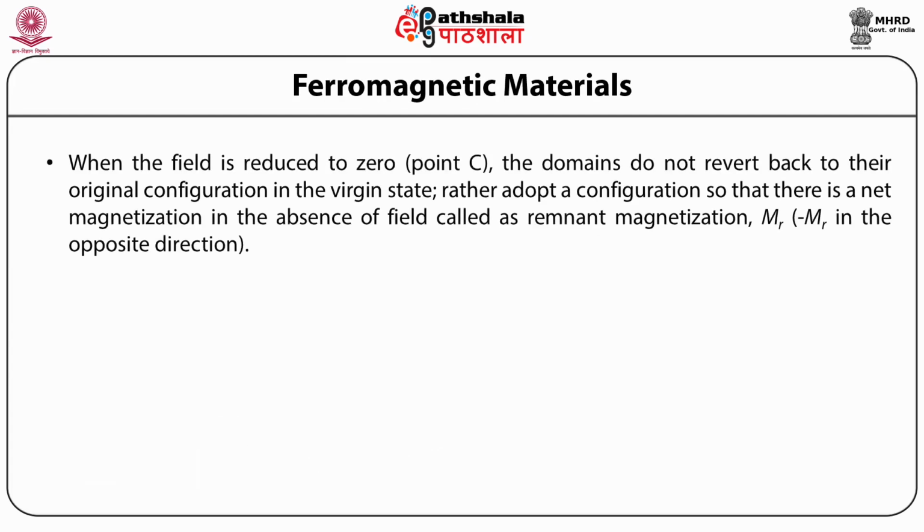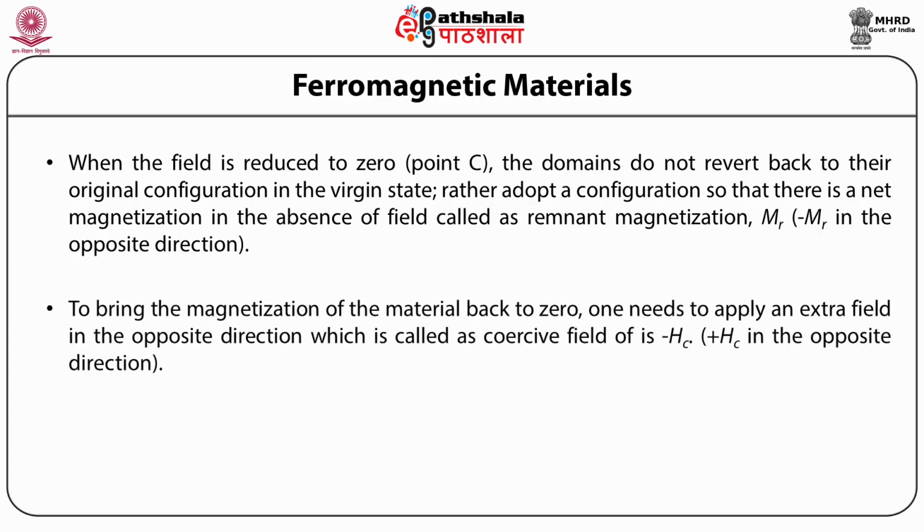When the field is reduced to zero, which is represented by point C, the domains do not revert back to their original configuration in the virgin state. Rather, they adopt a configuration so that there is a net magnetization in the absence of field, called remnant magnetization, which is represented by Mr in the graph and minus Mr in the opposite direction.